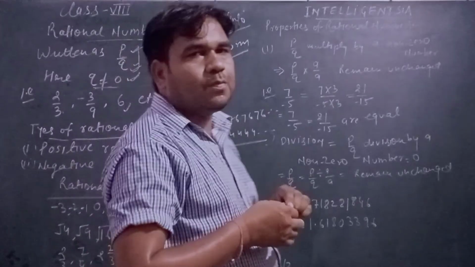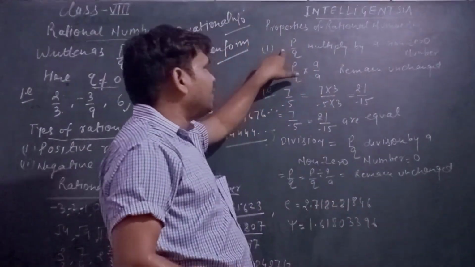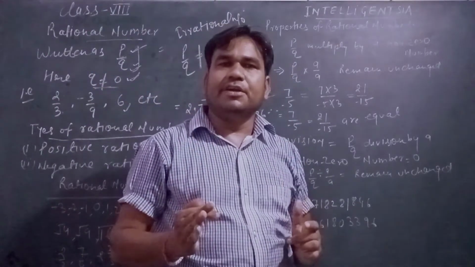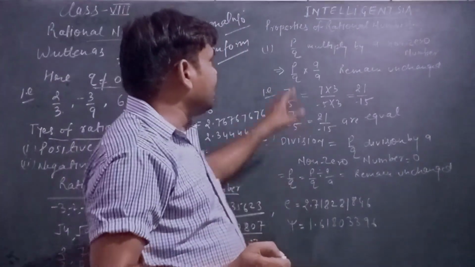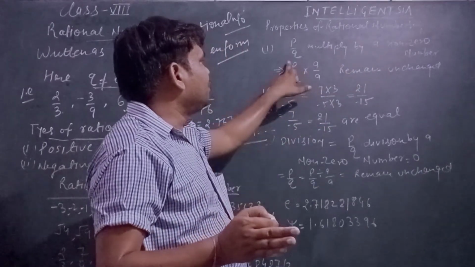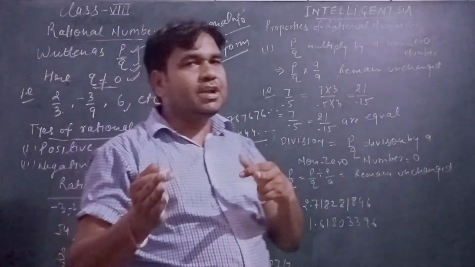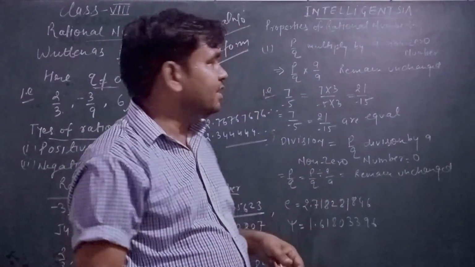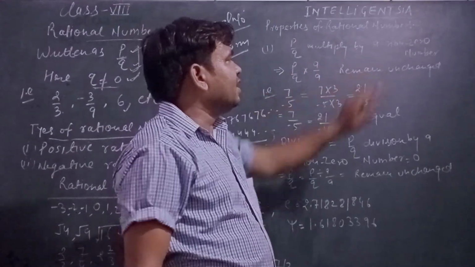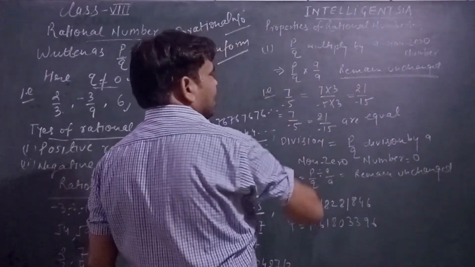Now we discuss properties. Let's see the property of multiplication. Multiplication property: when a rational number is multiplied by a non-zero integer, it means to say P over Q is multiplied in the numerator and denominator both by a non-zero number, that is a over a, and it remains unchanged. Let's take the example 7 over minus 5.